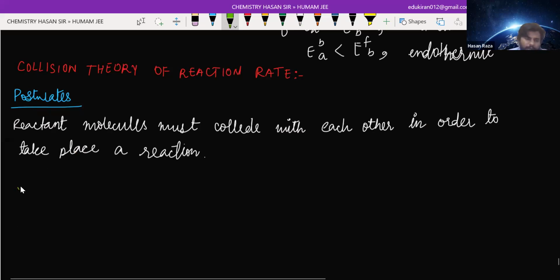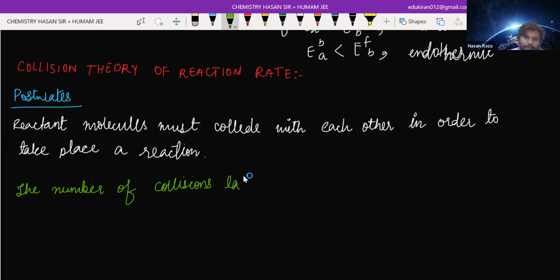The next point we can write: the number of collisions taking place in unit volume in unit time.